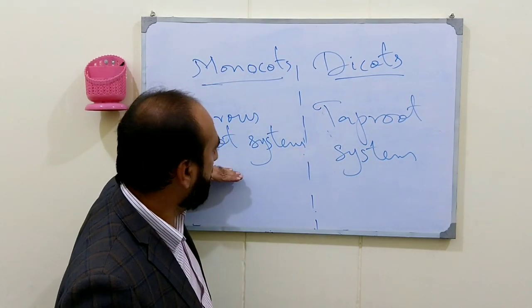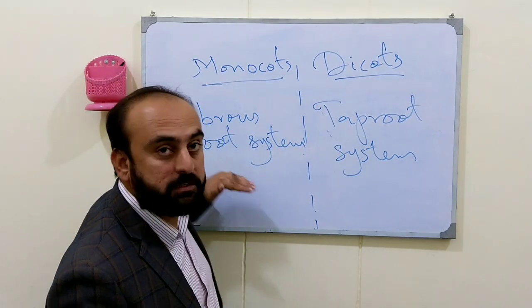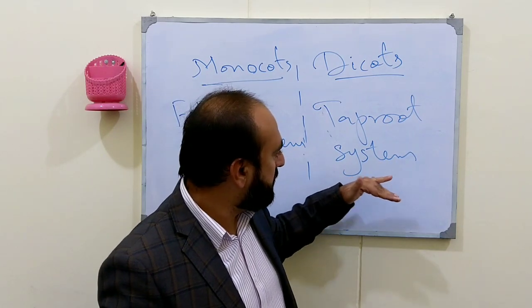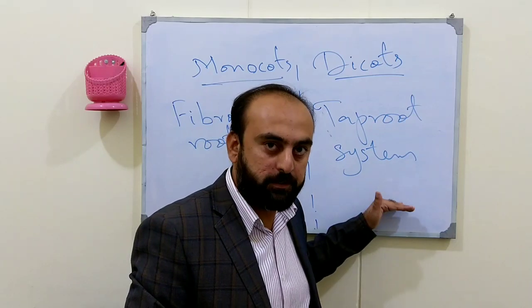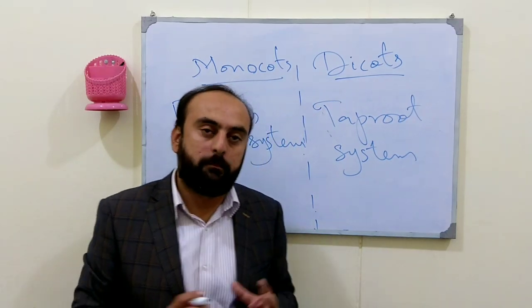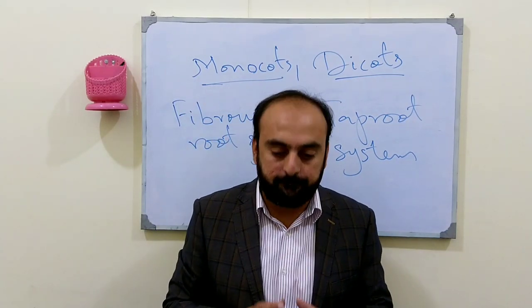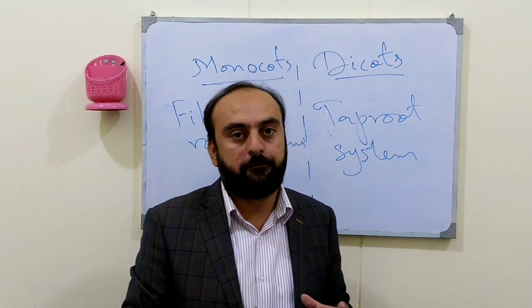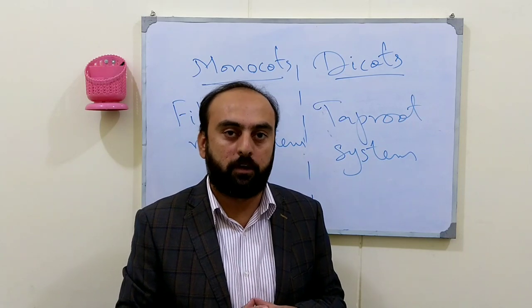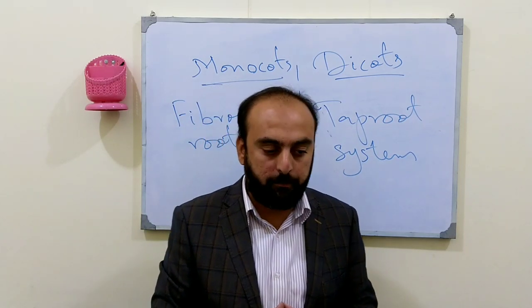So this is usually a shallow root system, whereas the dicots have a taproot or deep root system. Some examples of monocots are wheat, rice, maize, and some examples of dicots are cotton, soybean, alfalfa, and many trees.